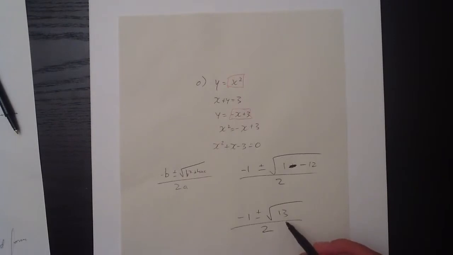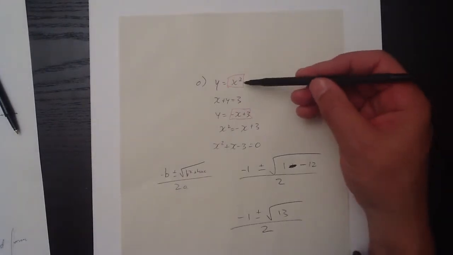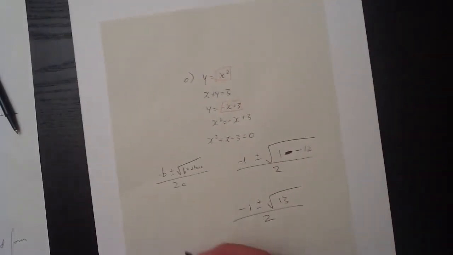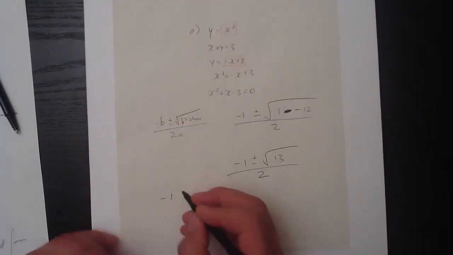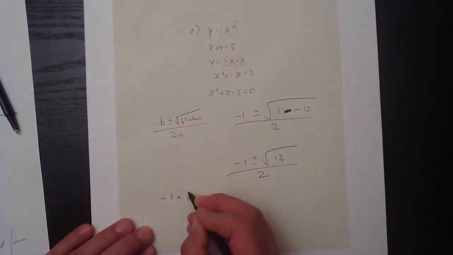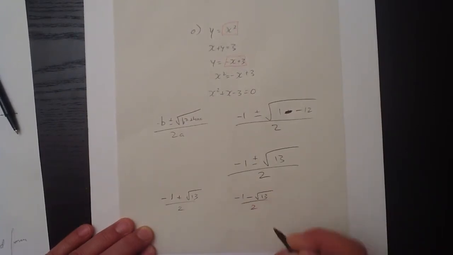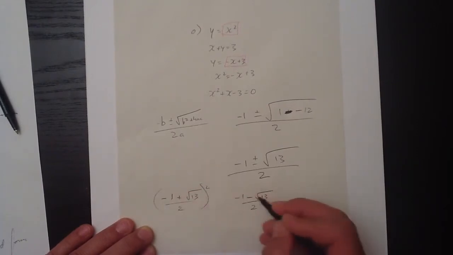And in order to determine y, the easiest thing to do is to plug it into this equation where it is squared. So you'll have two values that are squared, either negative 1 plus root 13 over 2, or negative 1 minus root 13 over 2, squared.